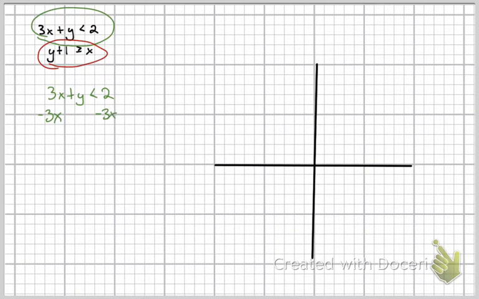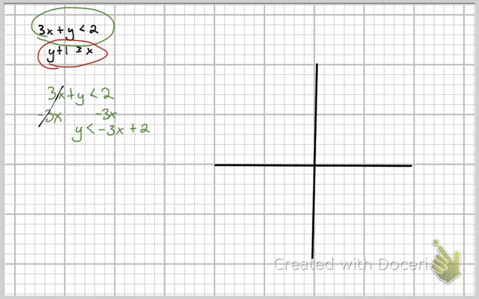So 3x minus 3x is 0, leaving us with just the positive y, then less than. I know my x needs to come first, so I'm going to write negative 3x, and then the 2 is positive, so I'm going to put plus 2. Now I've got a linear equation that's pretty simple to graph.